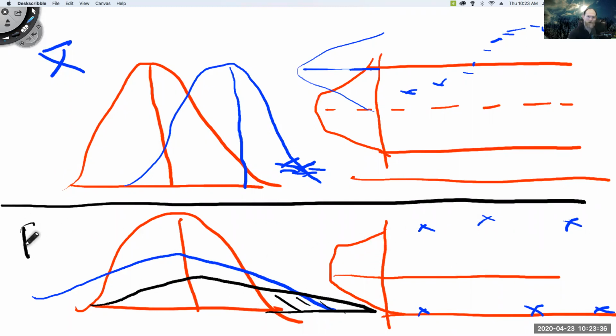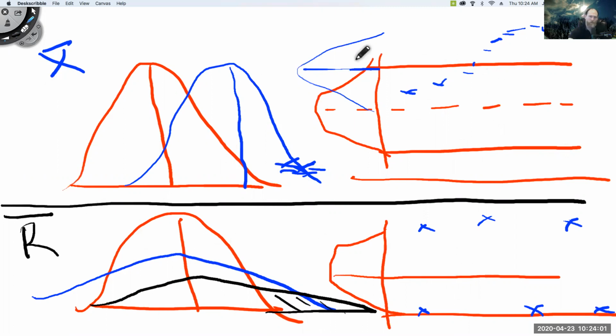But this is our R chart. So we could have a process that's in control up here, out of control down here, vice versa, or it could be in control on both mean performance and range, or it could be out of control on both. Okay, but that's what these control charts tell us.